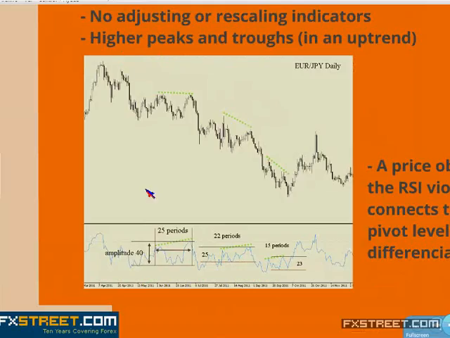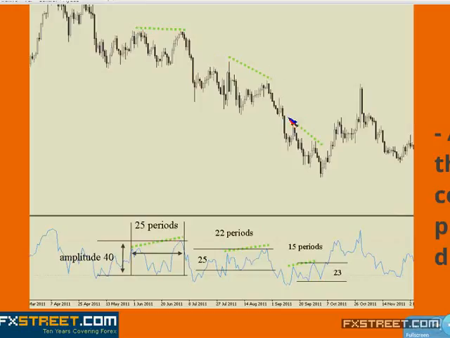This point here, higher peaks and troughs in an uptrend, or in that case lower peaks and troughs in the downtrend, would mean that with each setup that happens, the probability of that situation leading to a continuation of the trend diminishes.